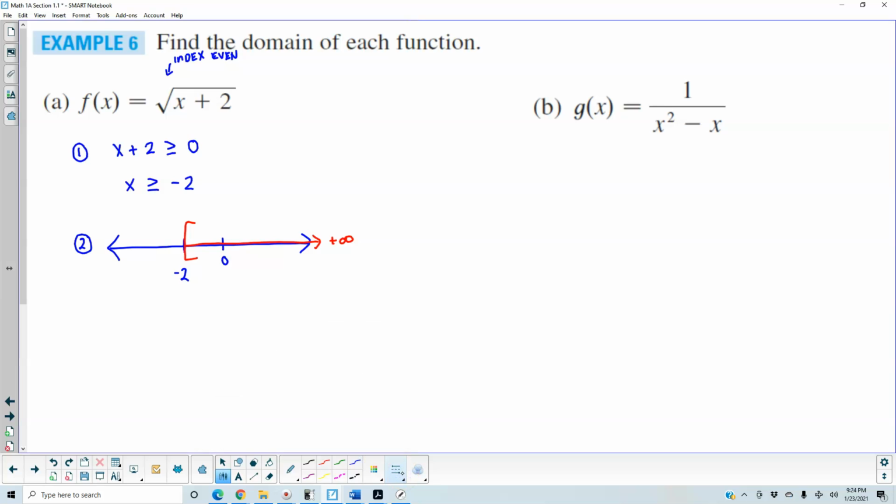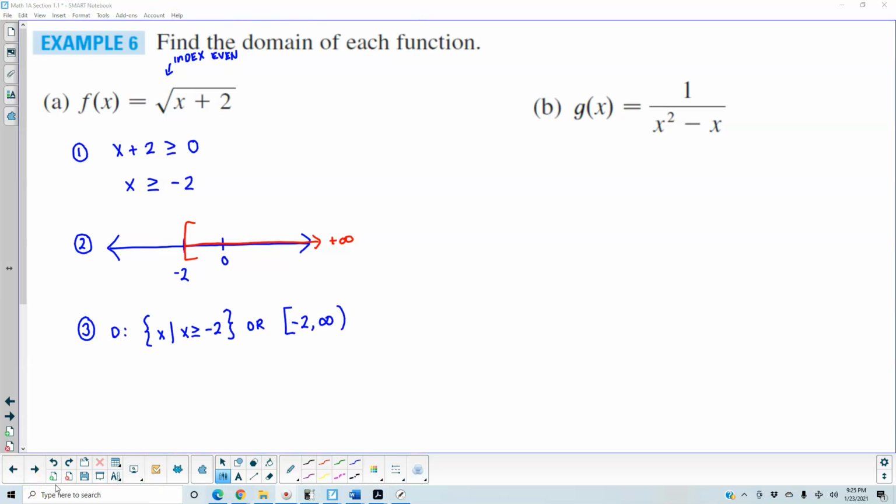So therefore, in step 3, what is the domain of this function? Well, the domain is either the set builder notation, where we would say x such that x is greater than or equal to negative 2, or we can write this in interval notation, which means that we have negative 2 going towards infinity.